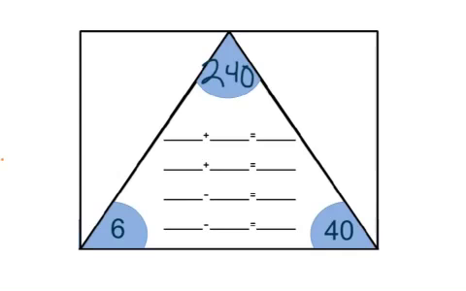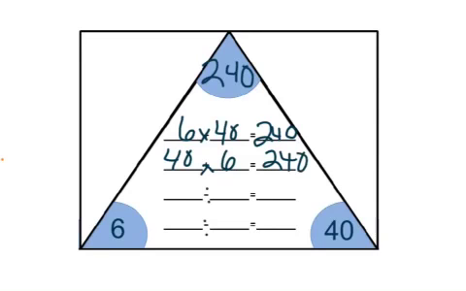Okay, so going through this with our fact triangle, you would do multiplication and then division. So you know that 6 times 40 is going to get you to 240, and 40 times 6 is going to get you to 240, and then 240 divided by 40 will get you to 6.